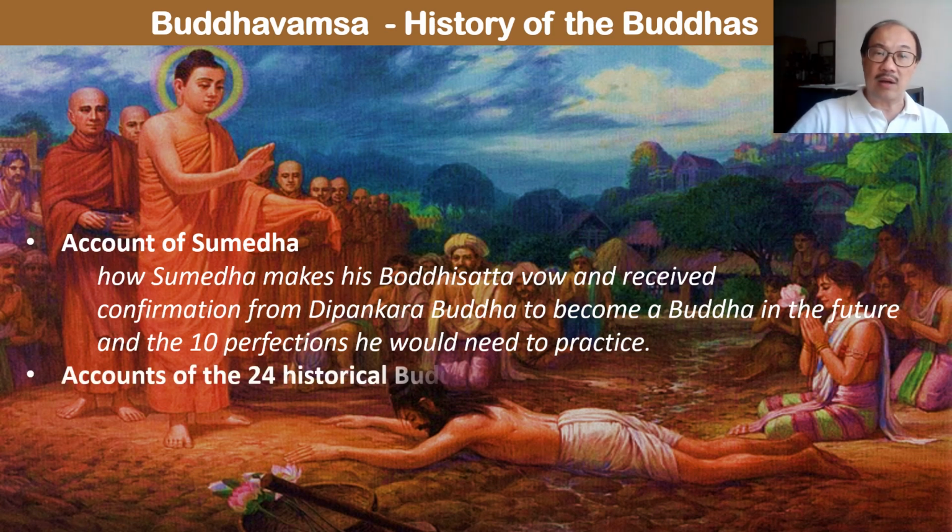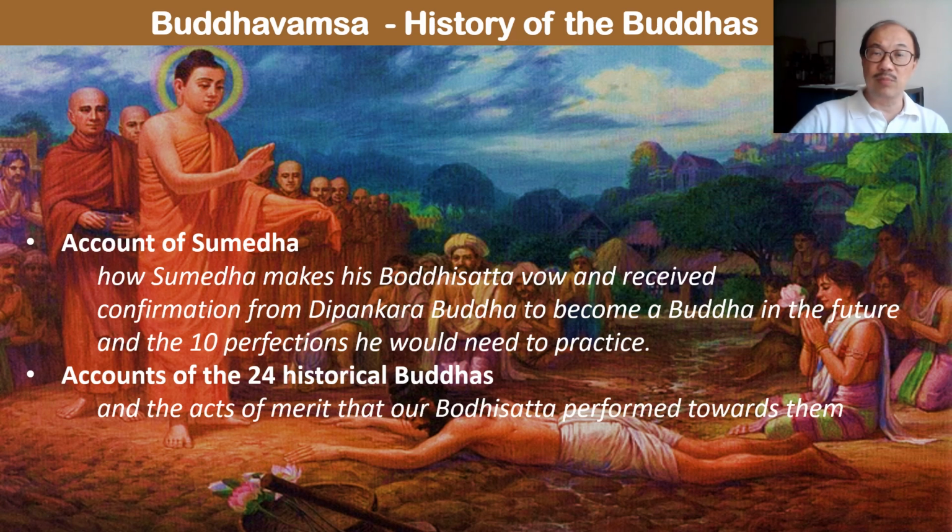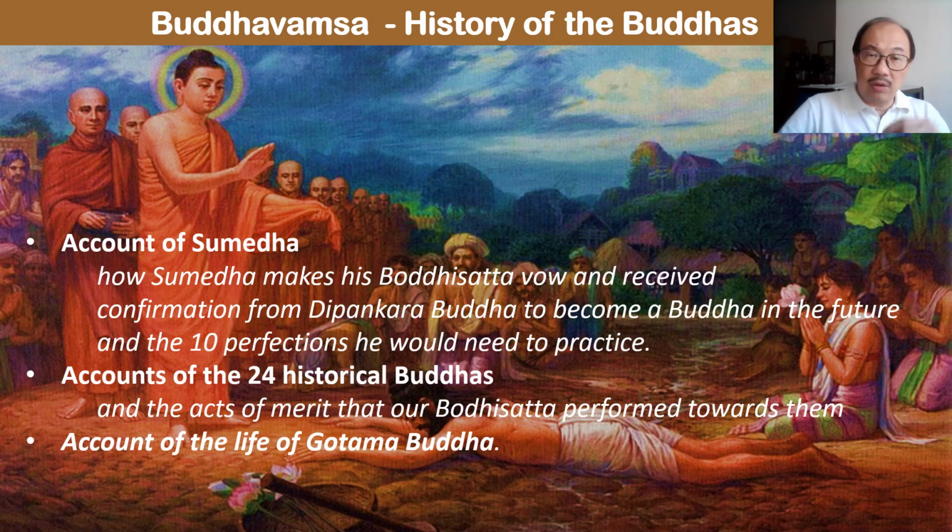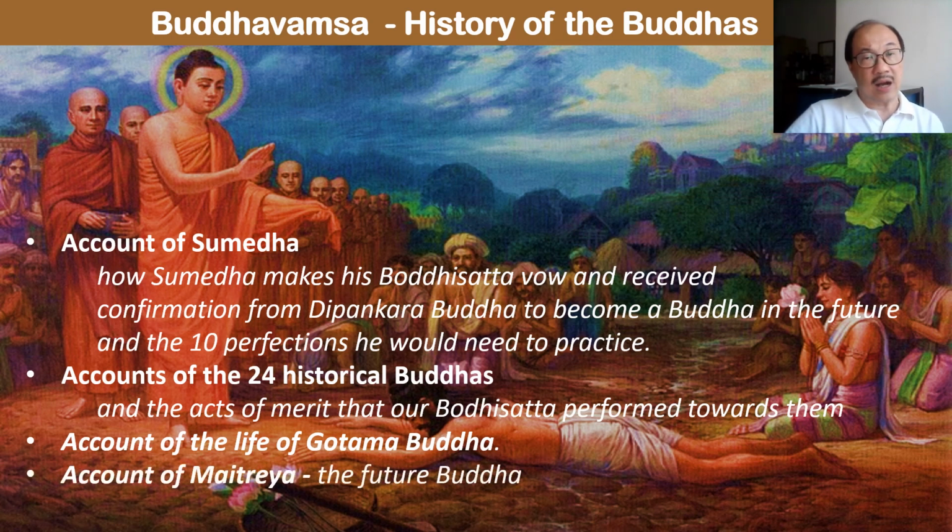It also covers the 24 historical Buddhas who preceded Gautama Buddha and the acts of merit that our Bodhisattva performed towards them in his previous lives. Then it also accounts the life of Gautama Buddha in his last life, as well as the account of Maitreya Buddha, the future Buddha coming after Gautama. You can enjoy reading the Buddhavamsa and find out more if you like.